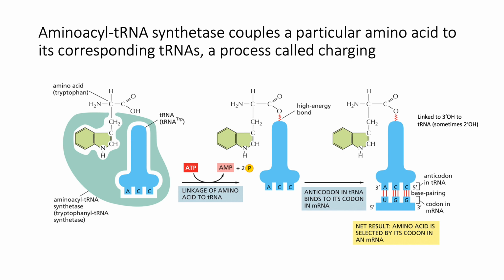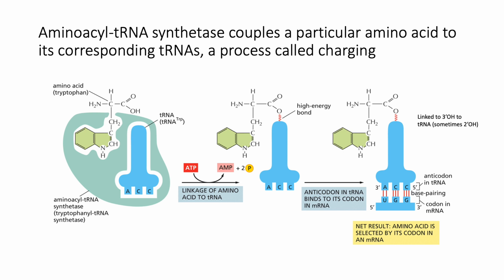There's a binding site for the tRNA, there's a binding site for tryptophan, and then there's a reaction that takes place, which is the synthetase reaction. It uses ATP, so there's an energy step there. And what you see next in the middle is the amino acid is now bound to the transfer RNA.